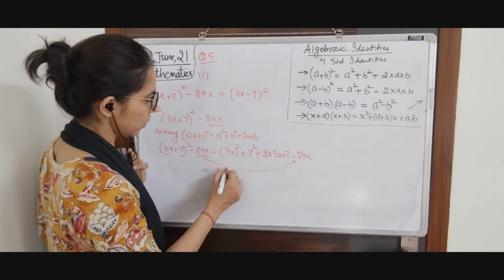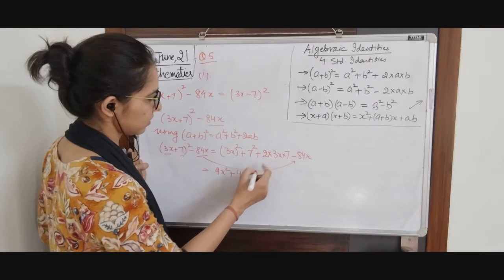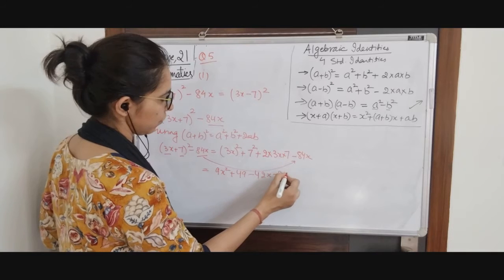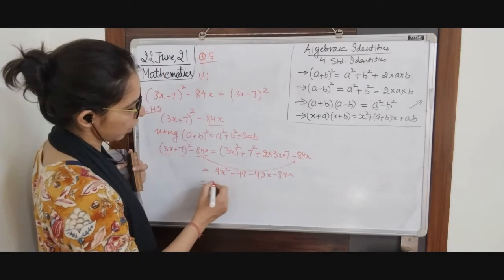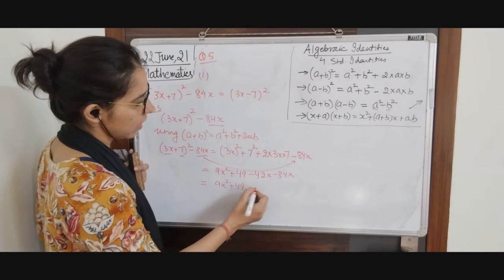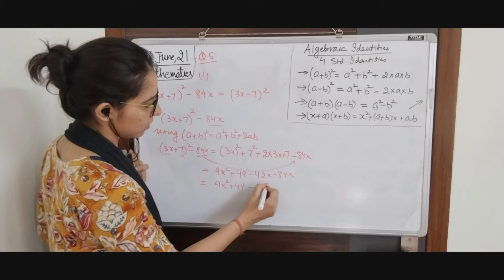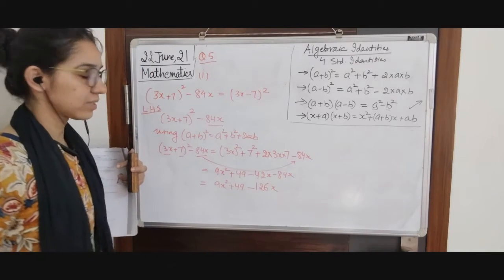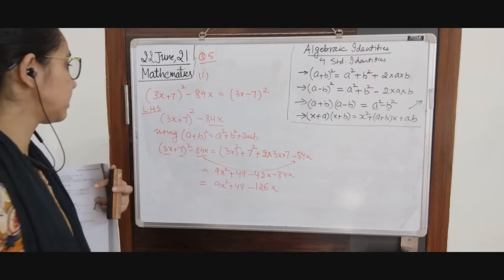It is 9x square plus 49 plus 42x minus 84x. It is going to be 9x square plus 49 minus 42x. Okay, this is our simplification for left hand side.